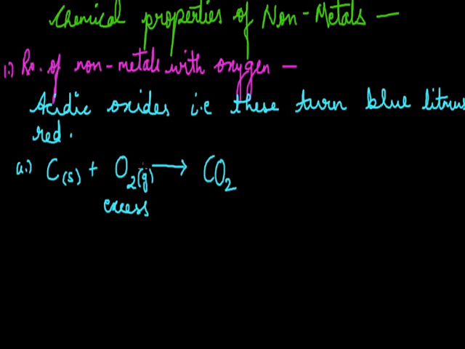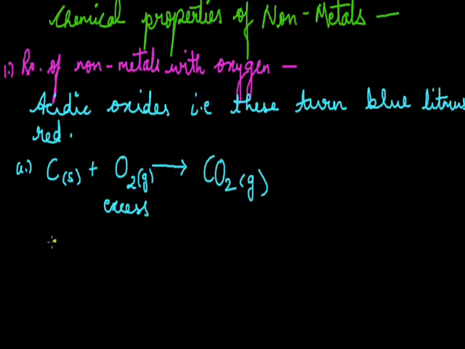So carbon reacts with oxygen of air to form carbon dioxide gas. When this carbon dioxide gas is dissolved in water, it will form carbonic acid, and due to this acid formation, this oxide has acidic nature.